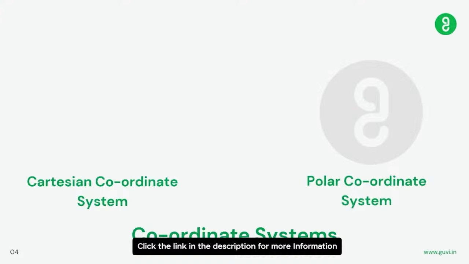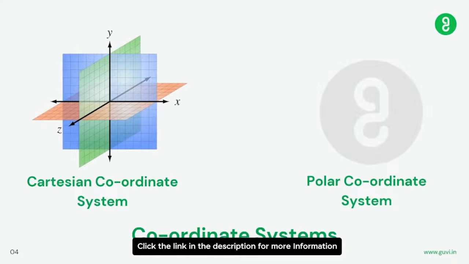The Cartesian coordinate system is based on a grid of perpendicular lines that form three axes: X, Y, and Z. It represents positions in 3D space using numerical values of X, Y, and Z, whereas the intersection of these three axes is known as the origin, given by 0, 0, 0.